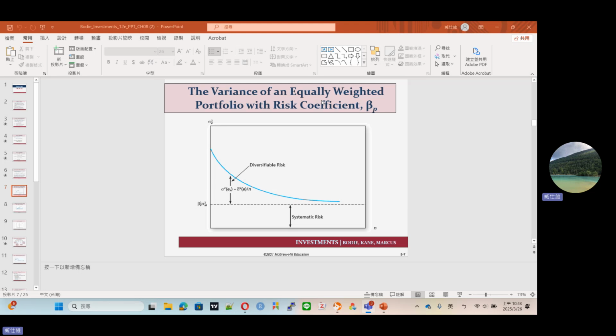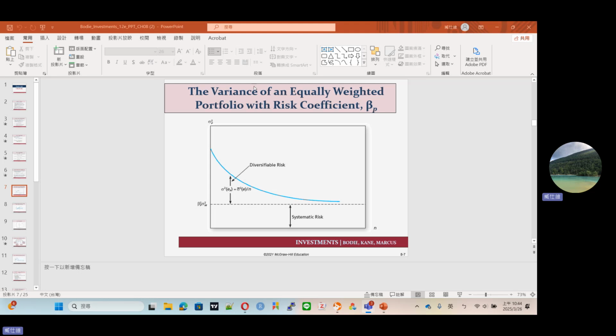That means your portfolio will behave completely like the market index. So the only risk you have is market risk. You don't have any firm specific risk. Or put it another way, you are just replicating your portfolio like the market portfolio, the market index.